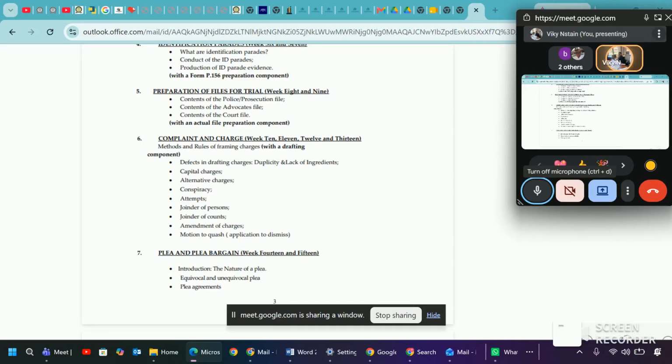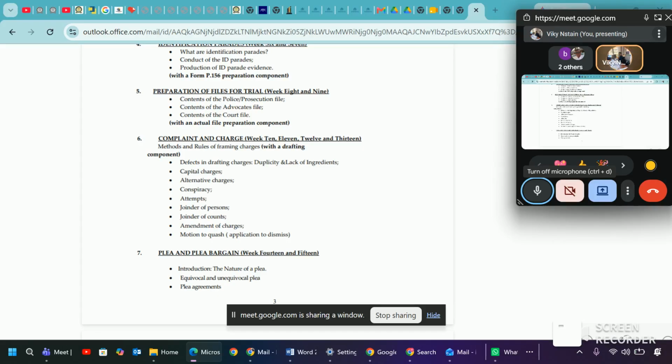So allow me to finish up with alternative charges. Then I'll project various notes and books when it comes to joinder of persons and joinder of counts, because that is a critical part that usually confuses students when you're joining an adult who has committed an offense together with an adult.